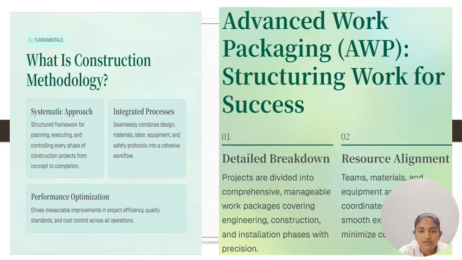And advanced work tracking structures work for success with detailed breakdown and resource alignment. Resource alignment is where the team, material, and equipment are coordinated for the smooth running of the project and to minimize the wastage. And projects are divided into comprehensive, manageable work packages covering engineering, construction, and installation phases with precision.